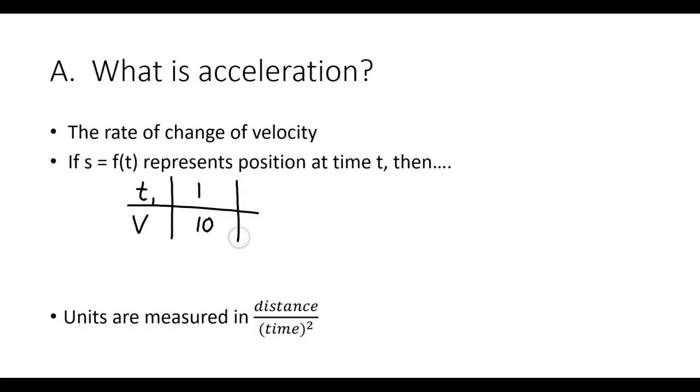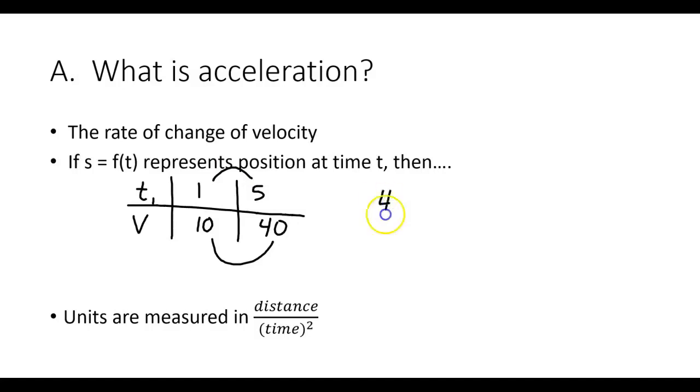But then you wait like another 5 seconds and you look down at your speedometer again, and now you're up to 40 miles per hour. Well, how much did your velocity change over time? Well, we went from 10 miles per hour to 40 miles per hour over a time period of 1 second to 5 seconds.